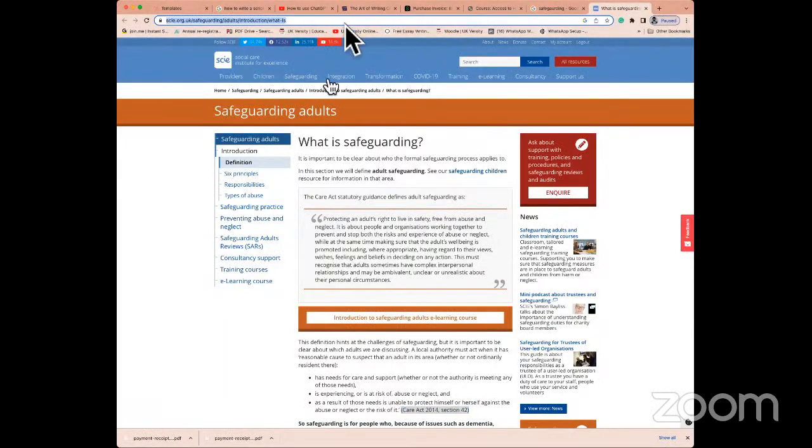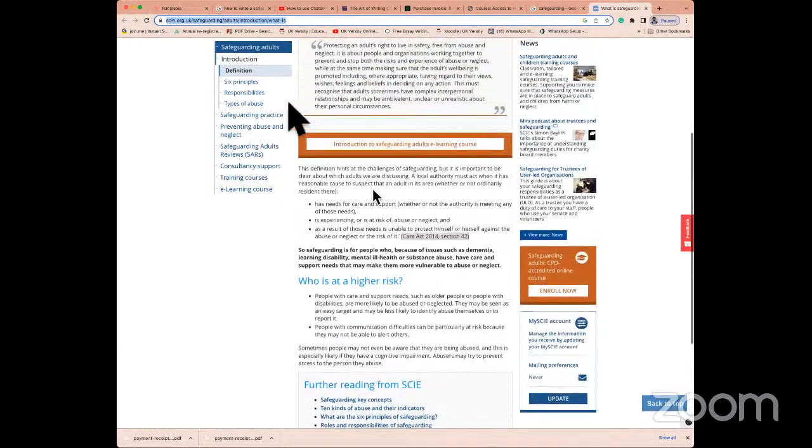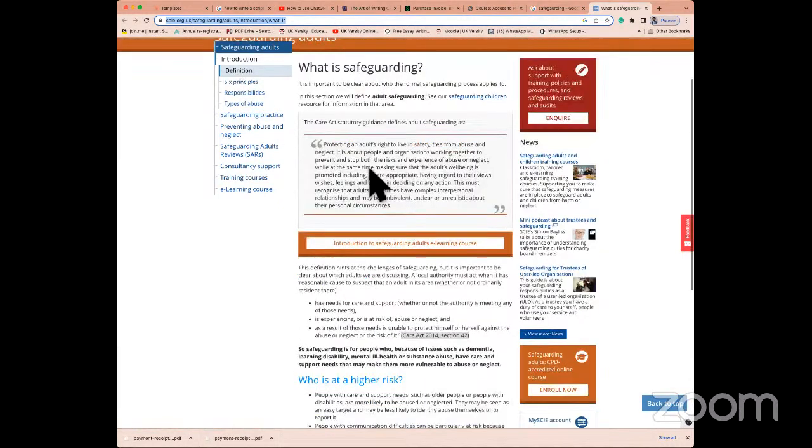There is a good amount of reading that you can do on one of the websites. I'll send you a link of this, which is the Social Care Institute for Excellence website. This particular website is where I've taken some of the data from, and it will give you an insight into what is safeguarding, what are the principles of safeguarding, what are your responsibilities. It presents the concept of safeguarding in a couple of pages very nicely.